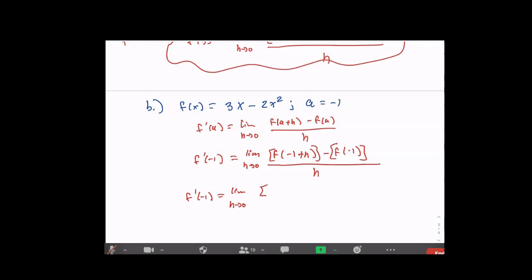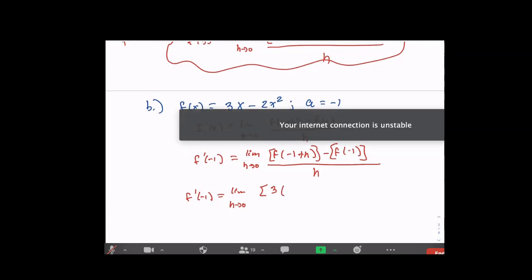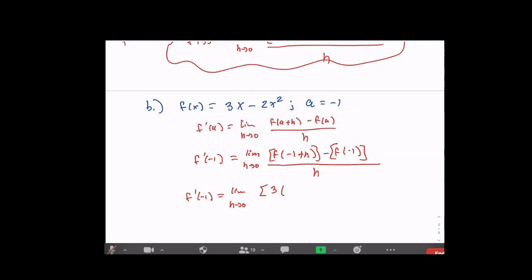Is it 3? 3 of -1 times. Now this is the parentheses. When we're staying in function notation, we say f of, but now we're going to actually replace it with the function. So it's 3 times the quantity, just 3 parentheses.